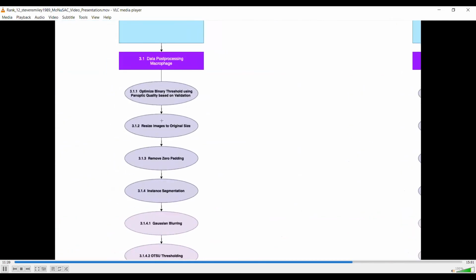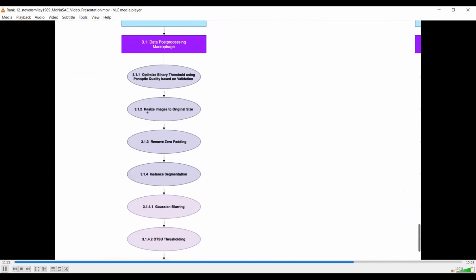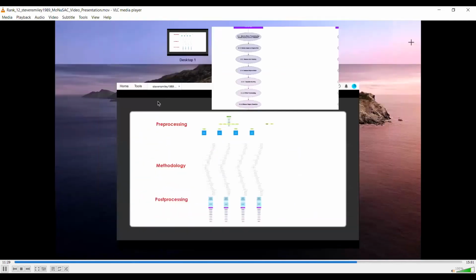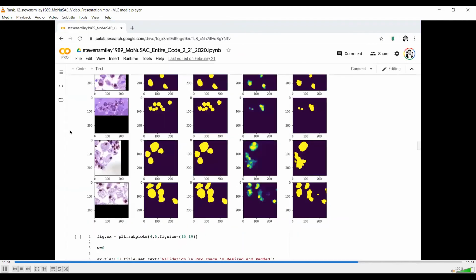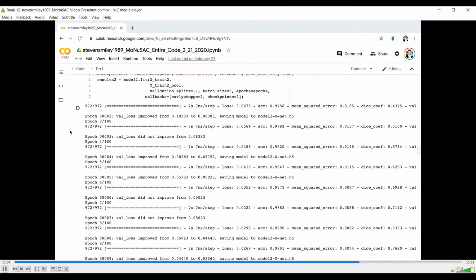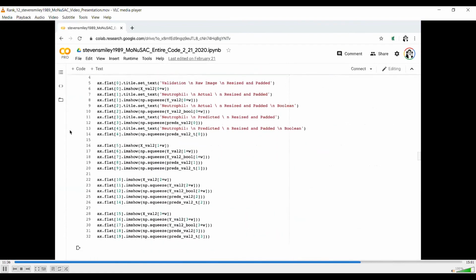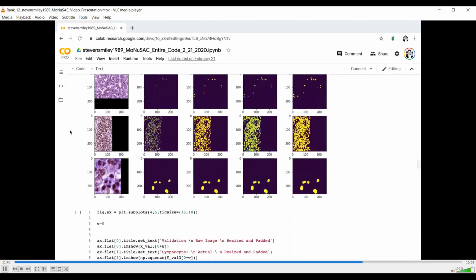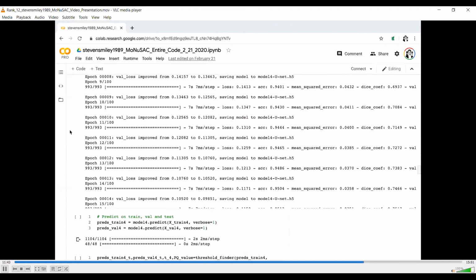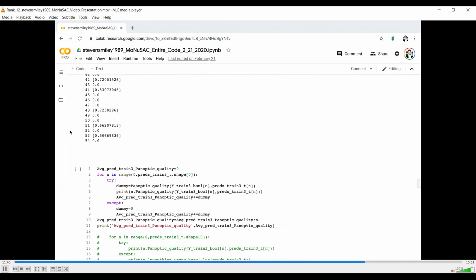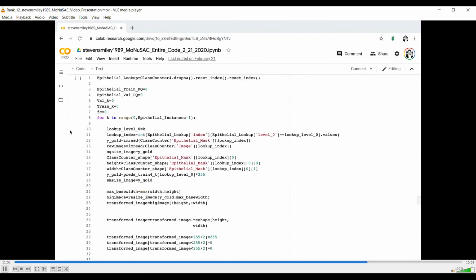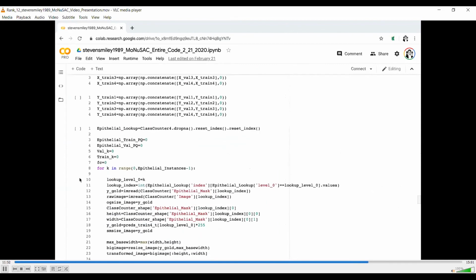And these steps, like 3.1.2 and down, are more for the instance segmentation. So after I've trained all the networks on the training data, and I'm ready to start looking at the instance segmentation, which is further down, I believe this is where it starts.